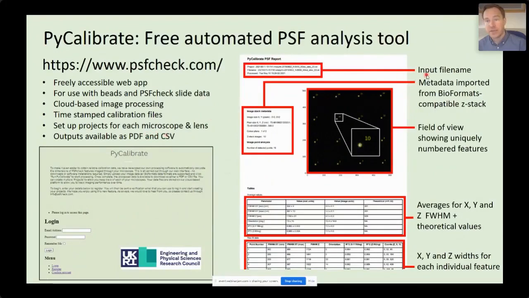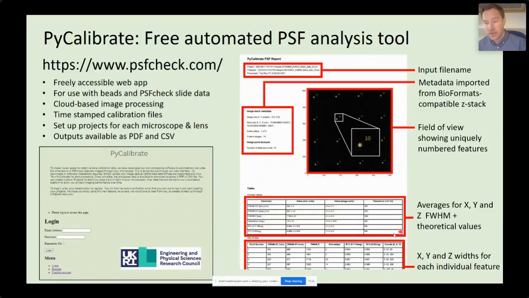So the PDF gives you the file name and the metadata that's been extracted from the file you've uploaded. Any Bio-Formats compatible file format is accepted by PyCalibrate. You get a brief overview of your field of view, showing you the features that have been identified, numbers them uniquely, so you're able to identify which feature corresponds to which in the table below.